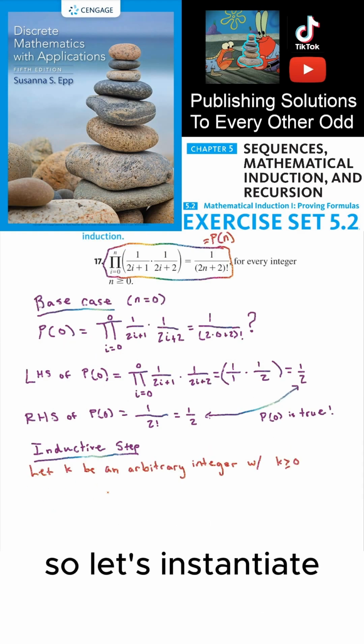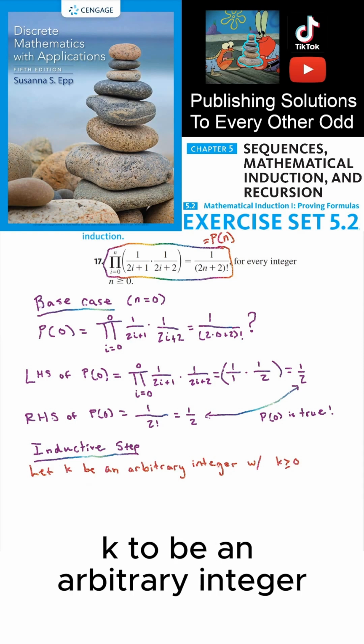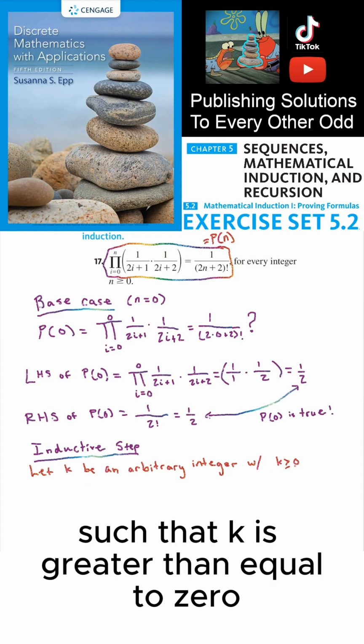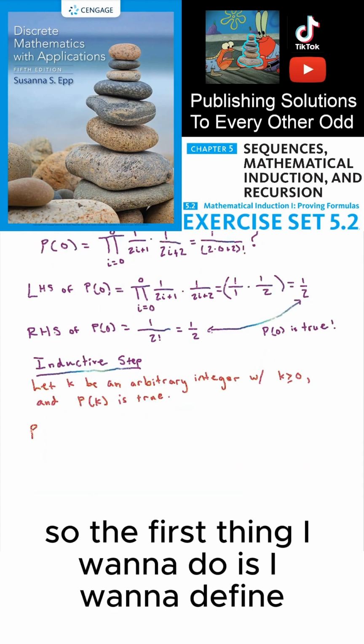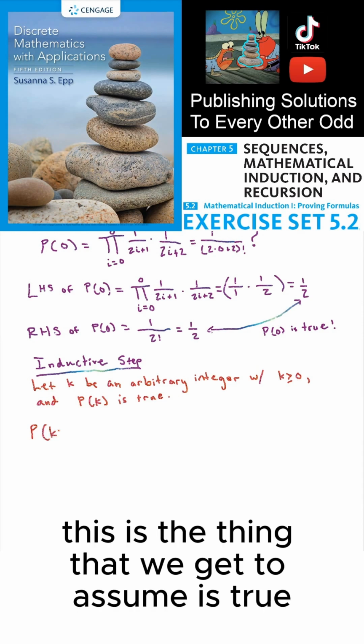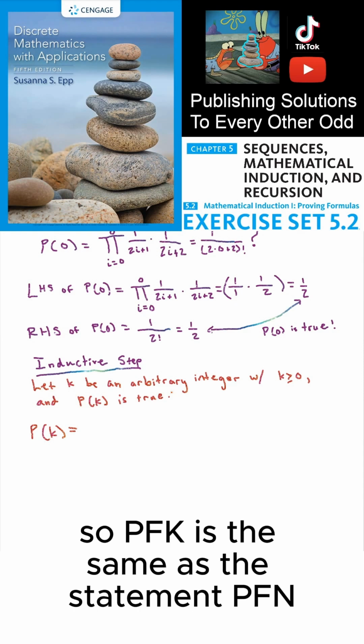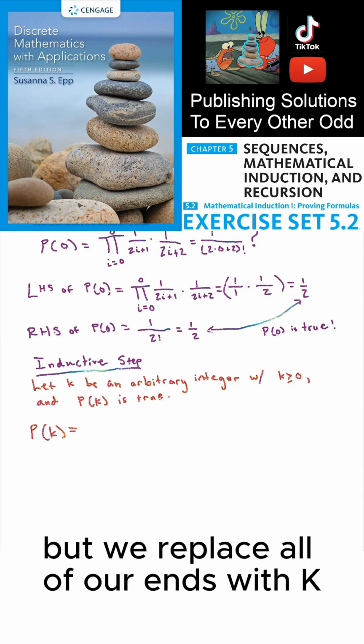Let's instantiate k to be an arbitrary integer such that k is greater than or equal to 0, and we're going to assume that P of k is true. The first thing I want to do is define what P of k is. This is the thing that we get to assume is true. P of k is the same as the statement P of n, but we replace all of our n's with k's.